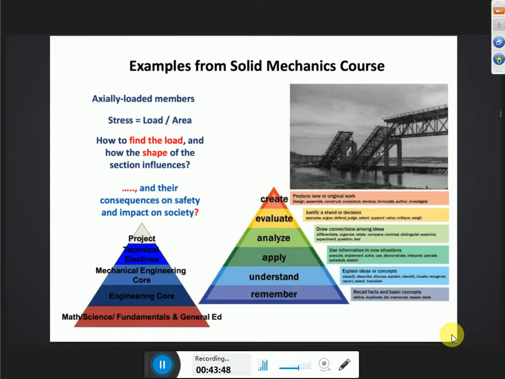Now this picture shows a bridge which has failed, maybe in the USA or England or maybe in India. If they've seen it, you can ask them to explore and bring failed bridges to the classroom, maybe from India, Singapore, or the USA, and then ask them to discuss the safety and impact on society.